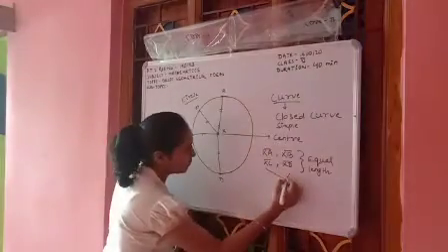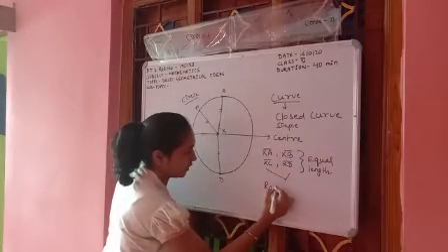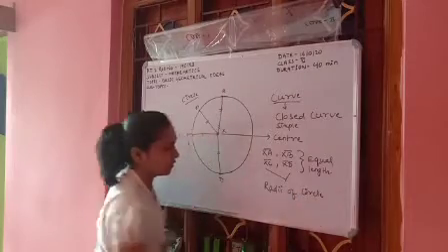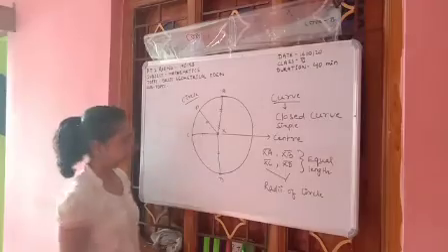We call them radii of the circle. Radii of the circle.